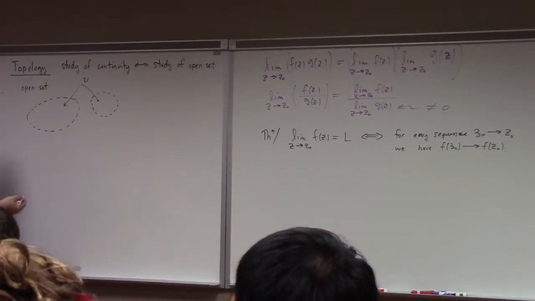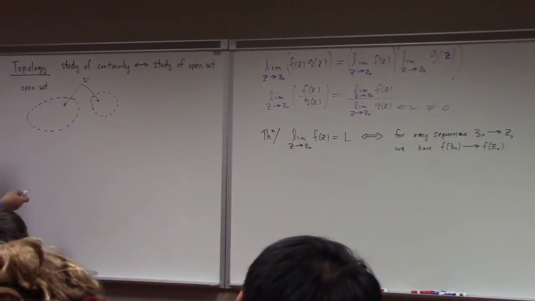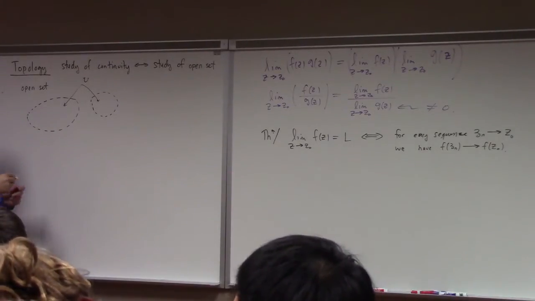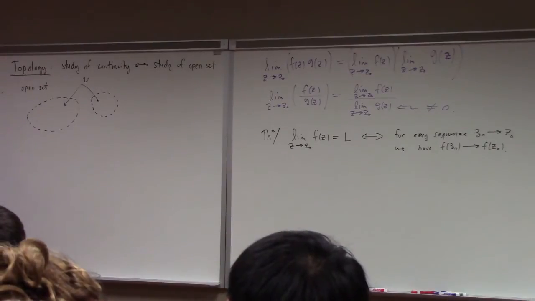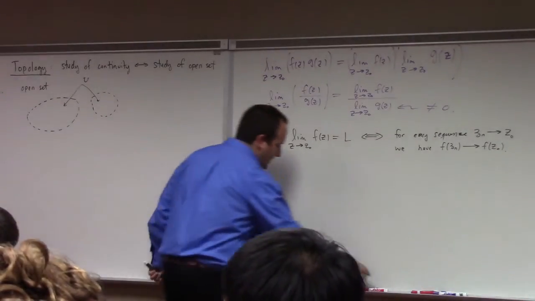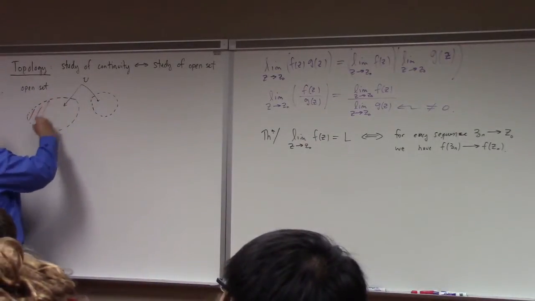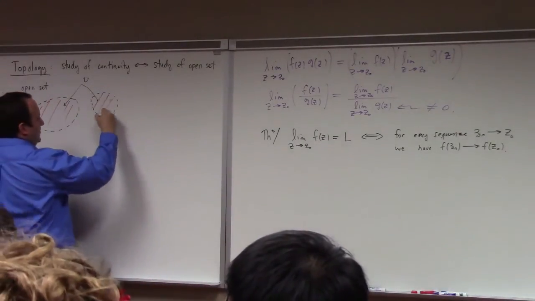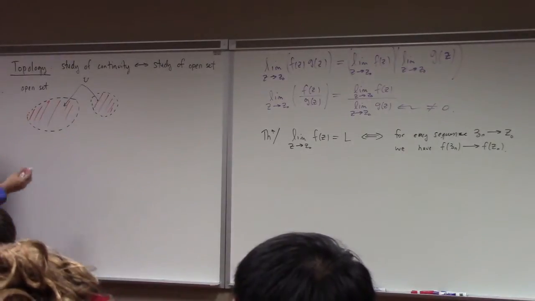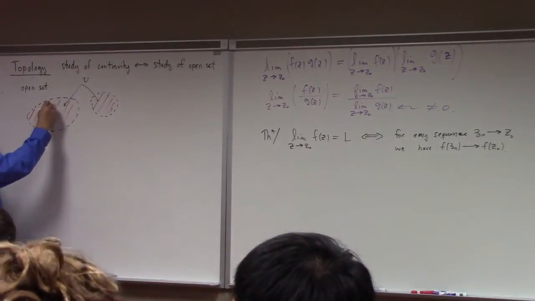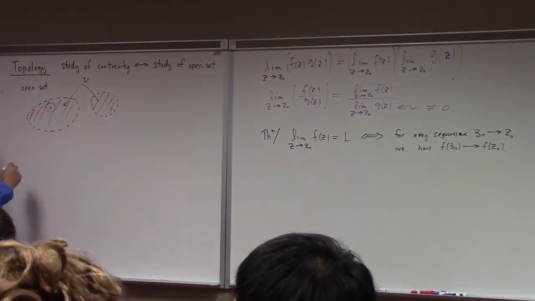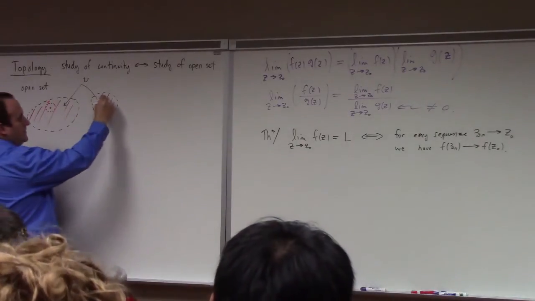This would be an example of an open set because no matter what point you pick inside the dotted lines, see, times like this I really wish I had a chalkboard because it's really hard to shade. But I'm talking about all of this being the open set, okay? I'm saying it's an open set because if you pick any point, you can find an open disk around the point centered inside there, right?